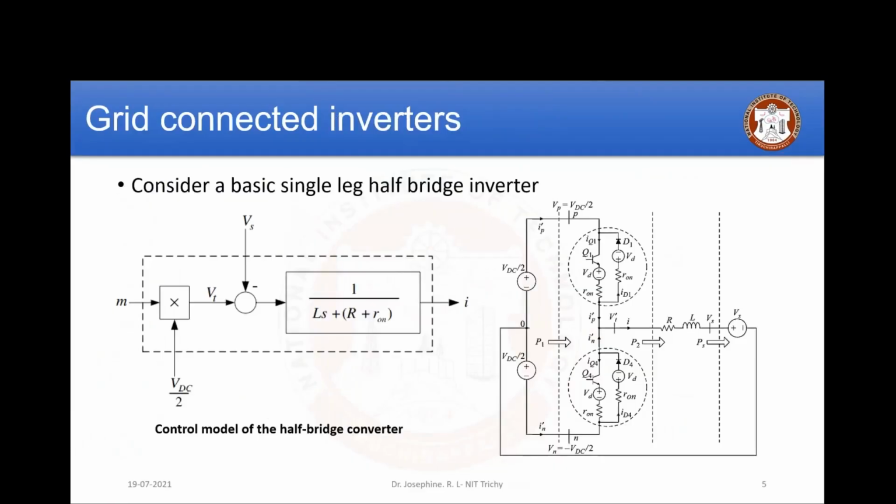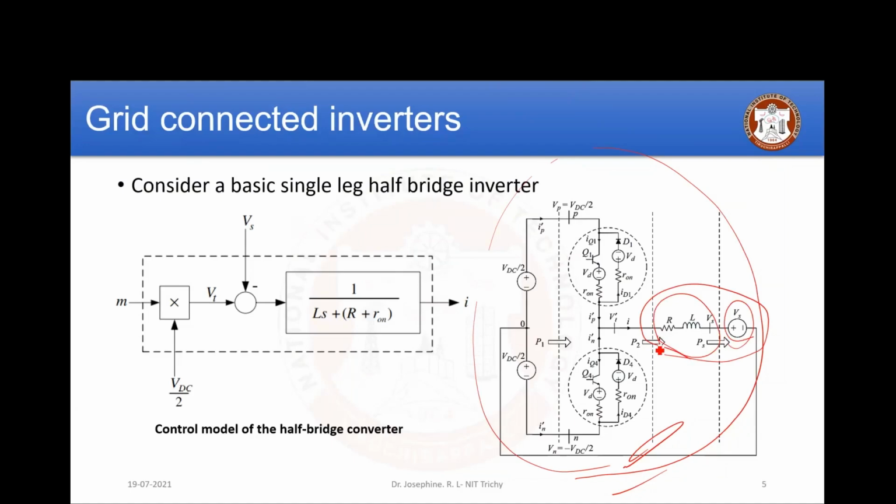If you see here, you have a half bridge network, a single leg half bridge network that I am integrating with the grid. Assume that I have the PLL output. That means I'm tracking my VS. This is just a filter, a simple filter. Now this is my VT and this is my VS.